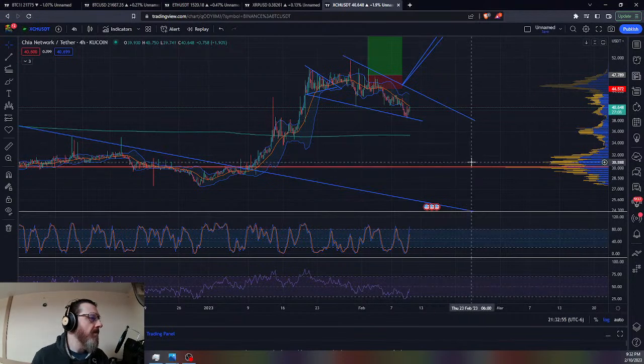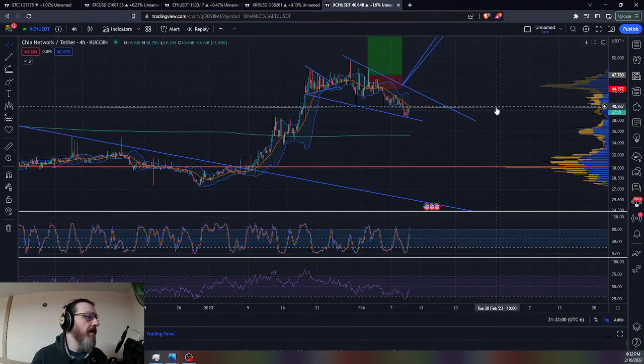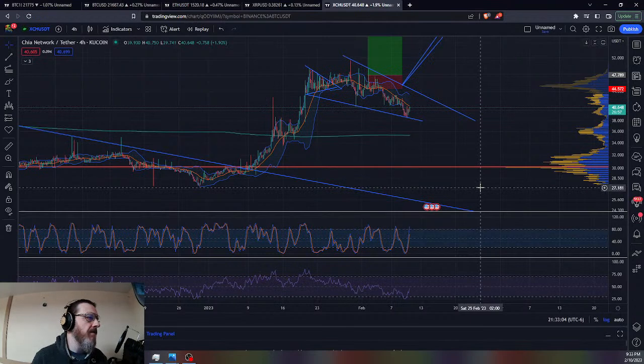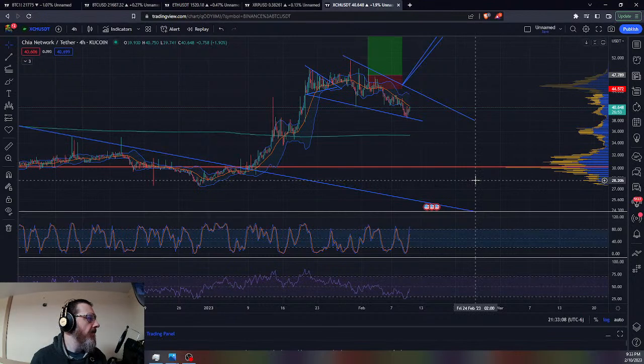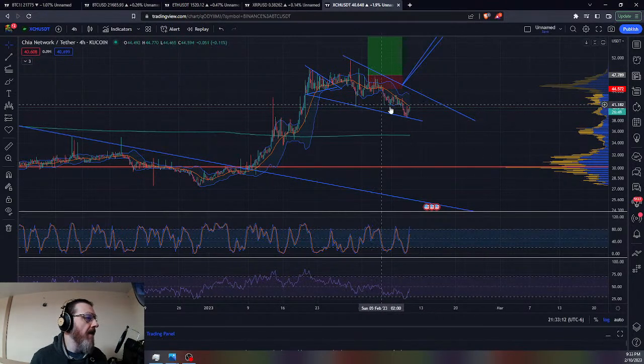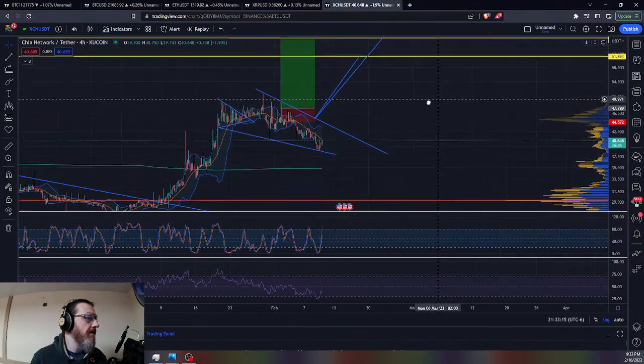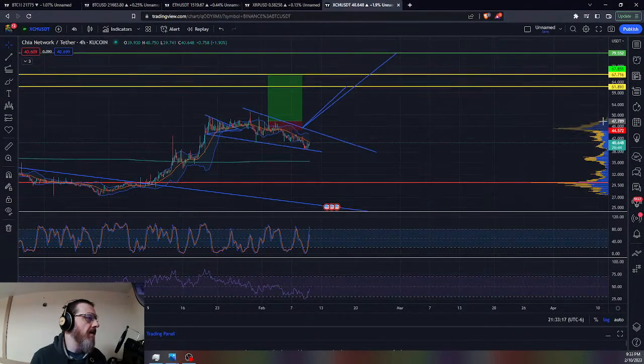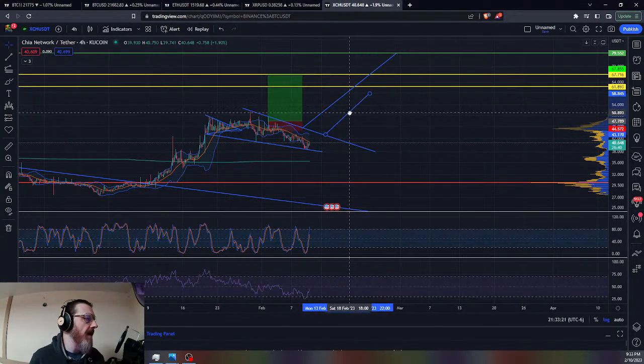So it's all looking like psychological levels for Chia right now. It's just above $40. Current price action is at about $40.64 on the KuCoin exchange. So this pattern actually looks pretty decent to me, and I'll revise some upside targets for Chia based on this pattern.